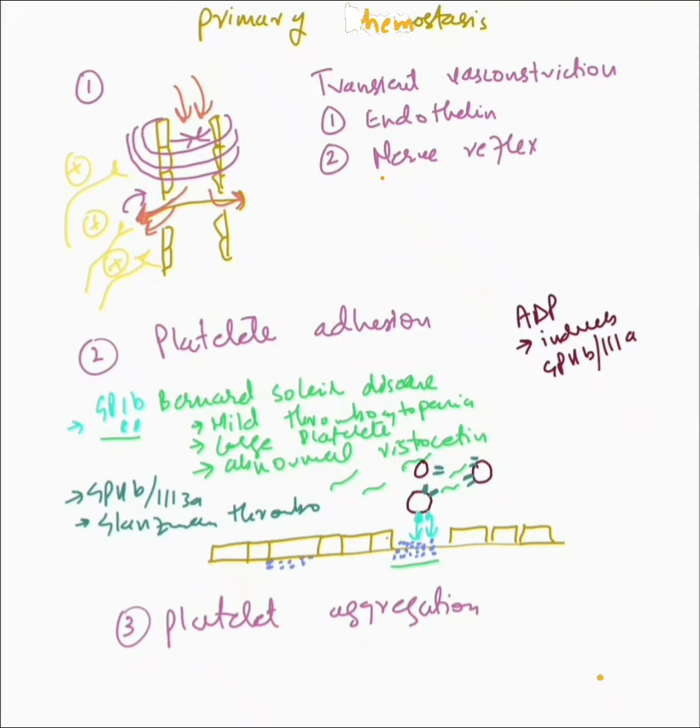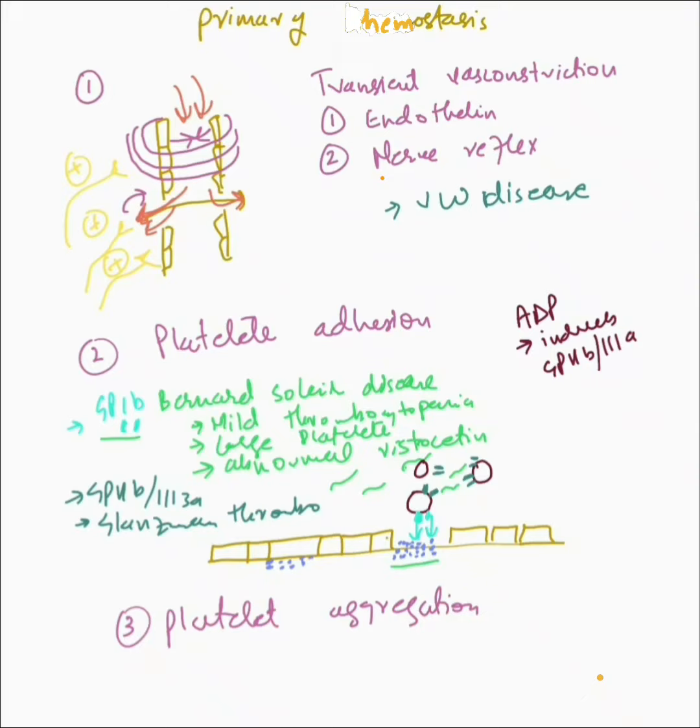So then let's talk about von Willebrand factor disease, because that is important as well. Von Willebrand disease is an autosomal dominant disorder, and it is fairly common, usually asymptomatic, but symptoms do occur because the platelets don't function well.